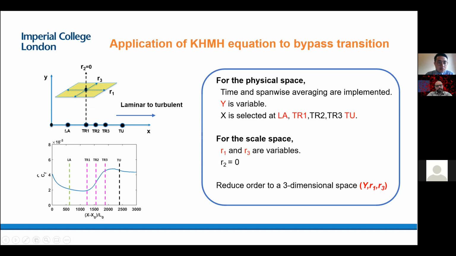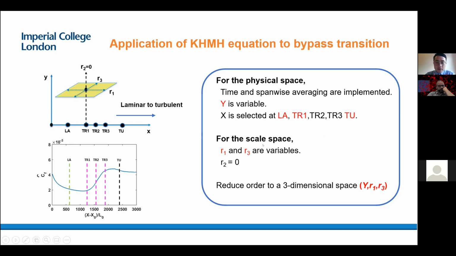LA means laminar, one location in the laminar region. TR is in the transitional region, and TU is in the fully turbulent region. In this presentation, because of the time restriction, I only show the results at LA, TR1, which is at the early stage of transition, and TU.